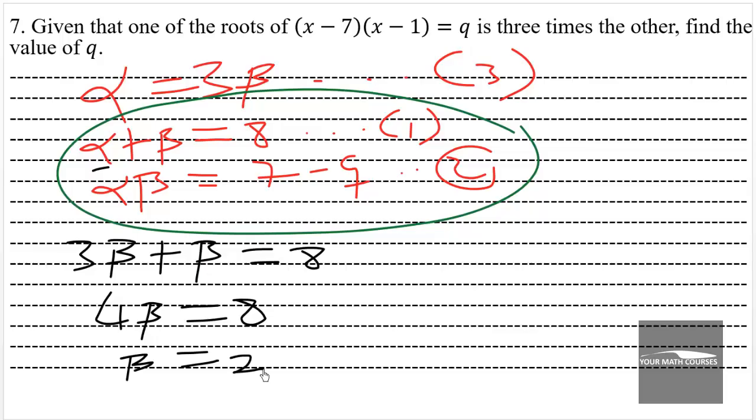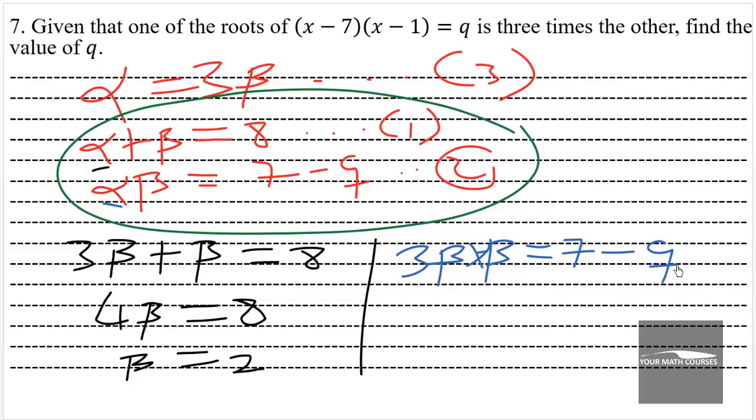Then again, we put the 3 beta in equation 2, and that will give us alpha beta is equal to, the alpha is 3 beta. So we have 3 beta for the alpha, then times beta is equal to 7 minus q.